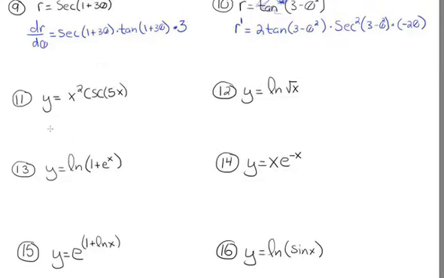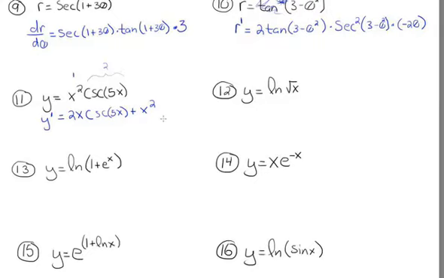Number 11, product rule and chain rule. So we have the first function and then we have the second function. So the derivative gives me 2x times the second, cosecant of 5x, plus the first function times the derivative of the second, the derivative of cosecant 5x.